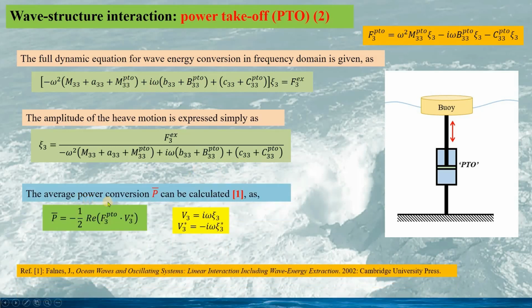And after that, the average power conversion P bar can be calculated by the general formulation as this. Here V3 star is the conjugate of the velocity V3. If we take V3 as this, its conjugate would be given in this form.